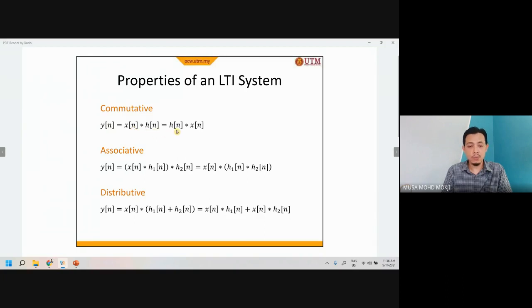It is equal to hn convolved with xn. It doesn't matter whether you put xn in front or hn in front, it is the same. Like in multiplication, a multiplied by b equals b multiplied by a.